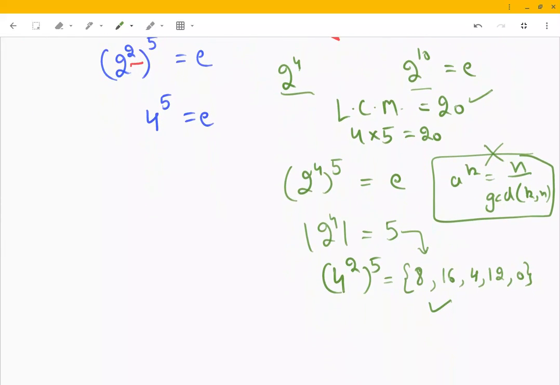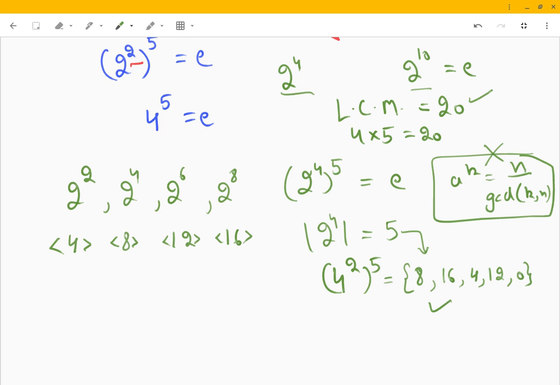This is another observation. 2 squared, 2 to the power 4, 2 to the power 6, and 2 to the power 8. This is 4, and this is 8, this is 12, and this is 16. These are the generators of the subgroup of order 5.